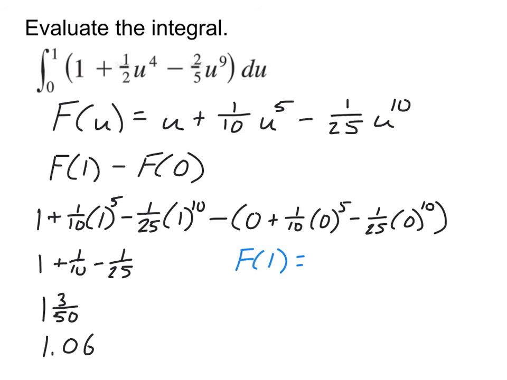So in this case, you do all those calculations, you get your 1.06. Then you do F of 0 equals, that equals 0, and then you just do the 1.06 minus 0 on the line after that. So it's the same thing as what we did here in one big long algebraic step, but just breaking it down into a little bit more manageable pieces if you prefer. Either way is fine.